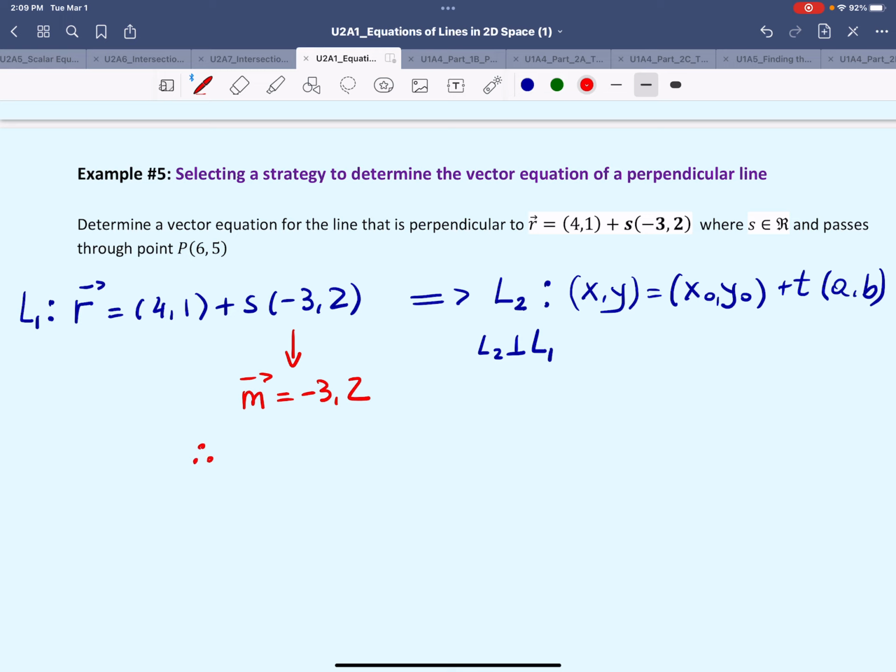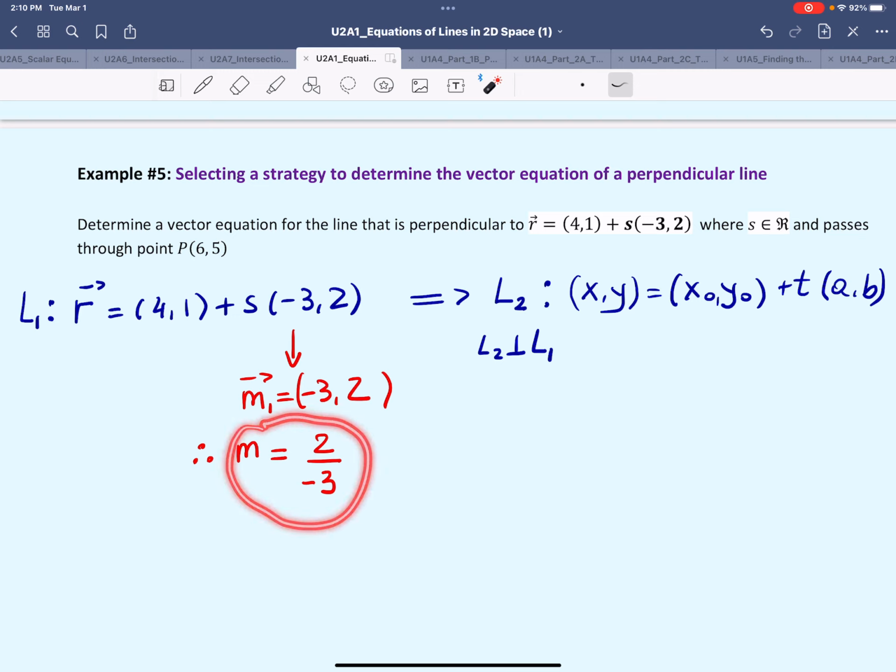Therefore, a possible way to write the slope of this line will be m equals, remember that for the slope we have the y in the numerator and the x in the denominator, 2 over -3. This is one way of writing the slope, but it can also be written as -2 over 3. So either should be fine. I'm going to stick with this value.